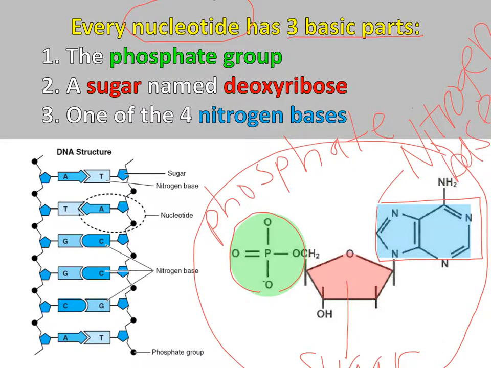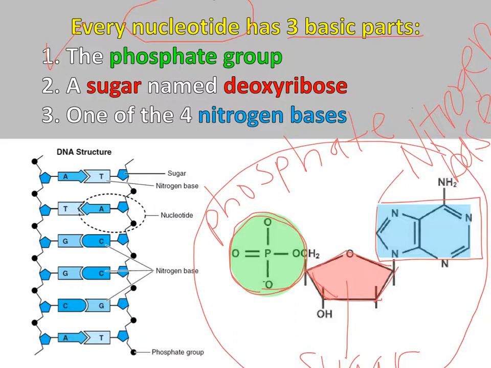So go ahead and look at your notes. We're on the back. We're on question 13. Every nucleotide in DNA has 3 parts. Go ahead and write number 1. It has a phosphate group. It's the circle in green. Number 2, it has a sugar, and sugars are always in ring structures, and it's pink here, and that one's called deoxyribose because we're looking at DNA right now.